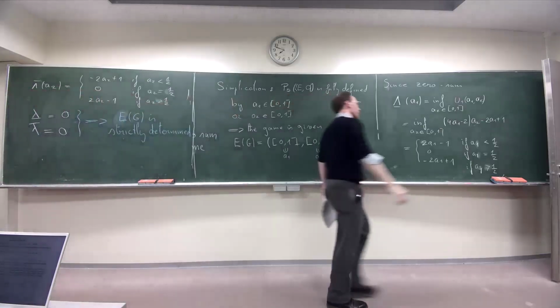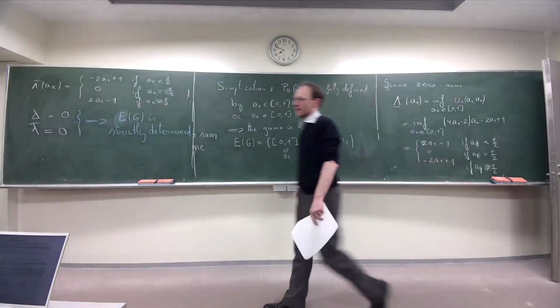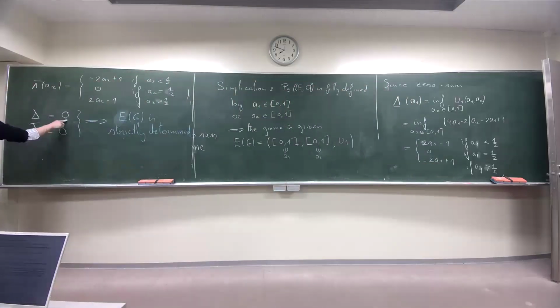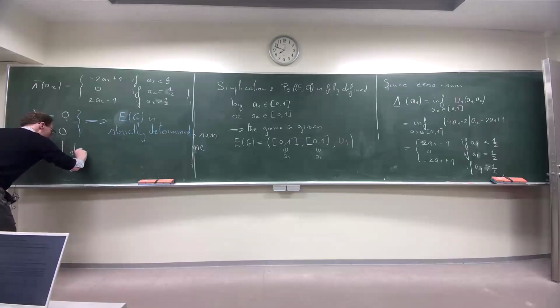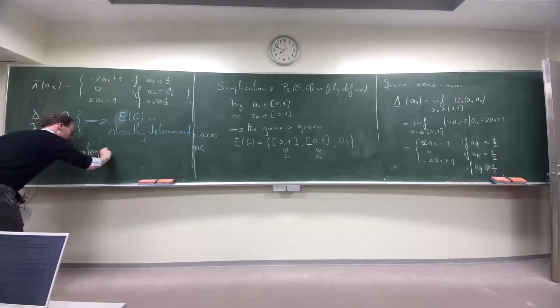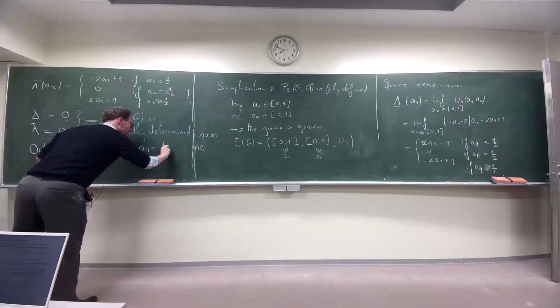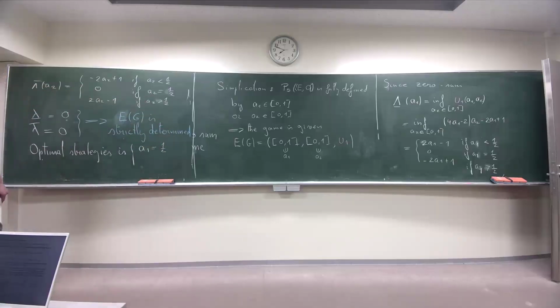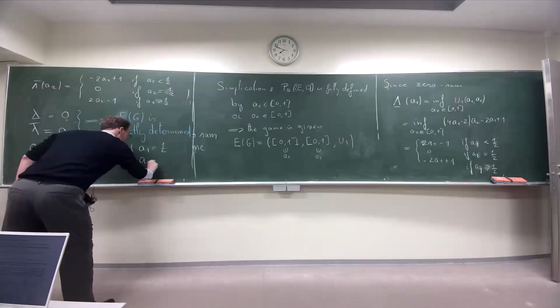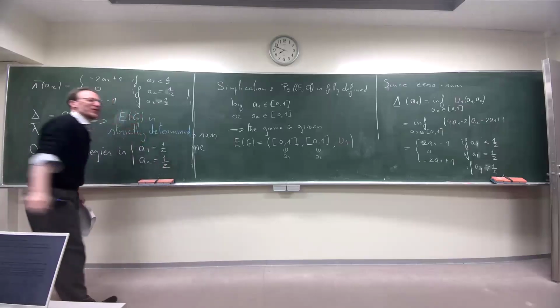Okay, and we are looking for optimal strategies. Do we reach this 0? The answer is yes. Optimal strategies: A1 is 1/2 because you get 0 for A1 is 1/2, and A2 is 1/2. What is the conclusion?